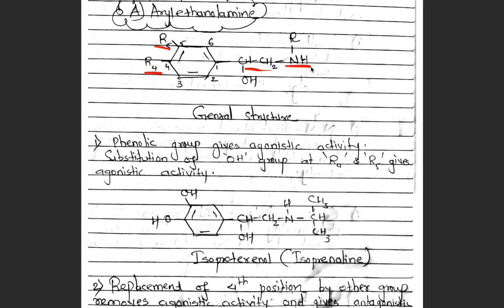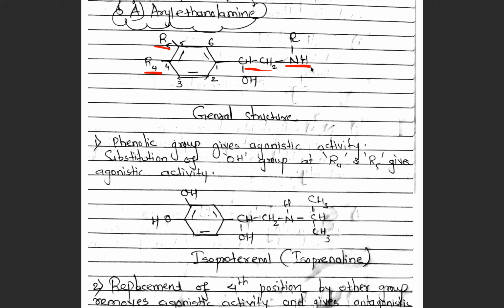If the nitrogen of this amino group has a smaller substitution at the R place, then it gives an alpha selective activity.